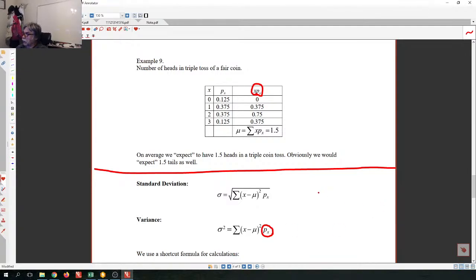So if you remember, this is how we calculate the population variance in a statistical calculation. It was a long time ago. We said you have to subtract the mean from every value you have, square that, and then sum that.